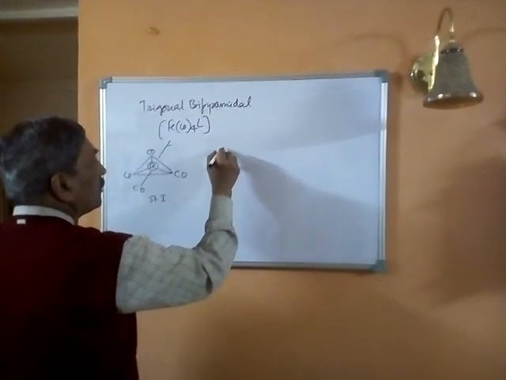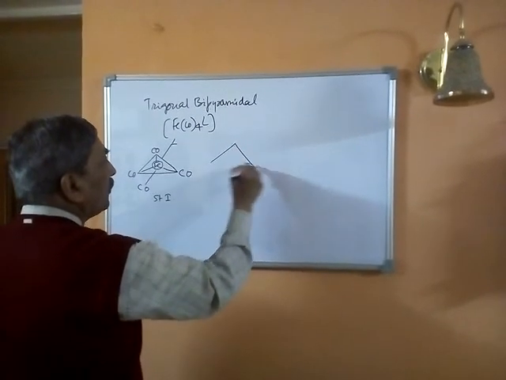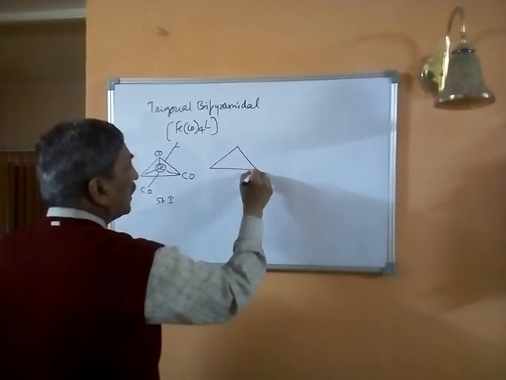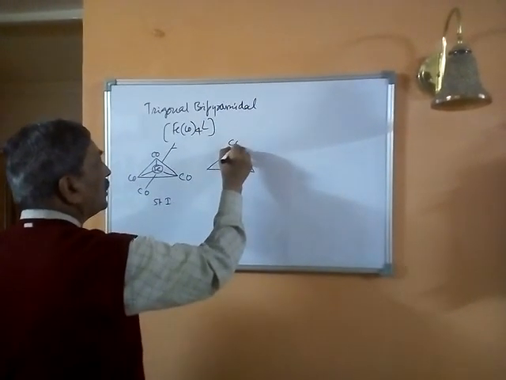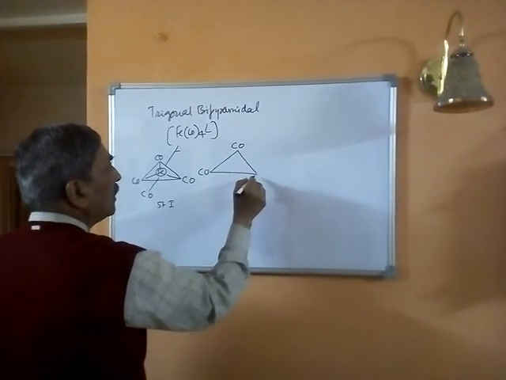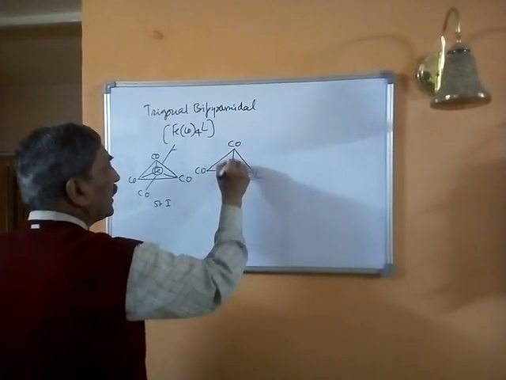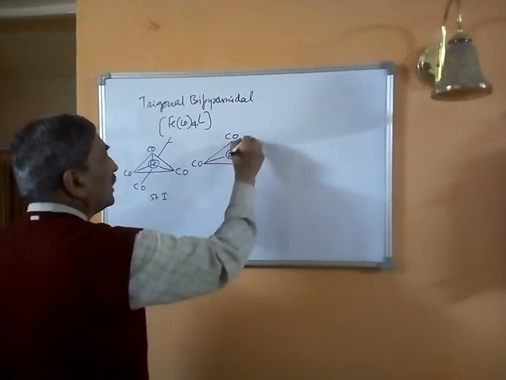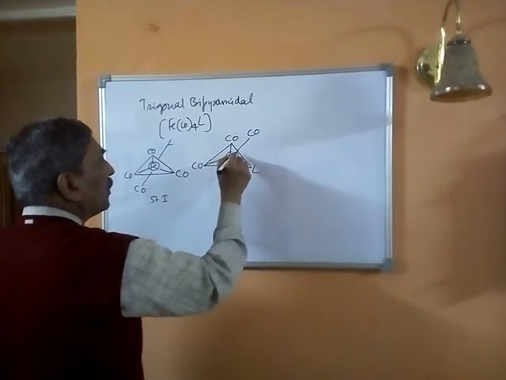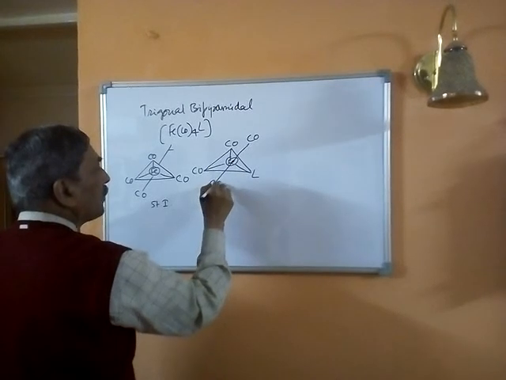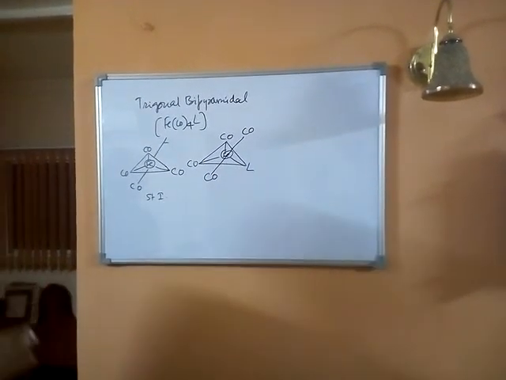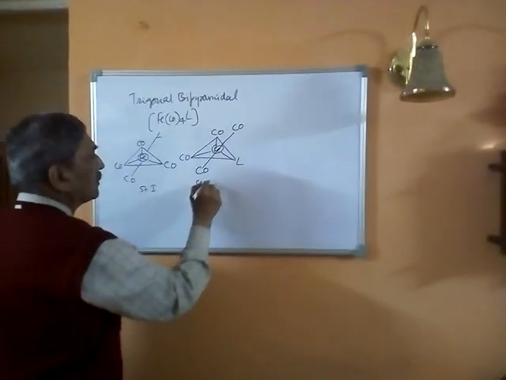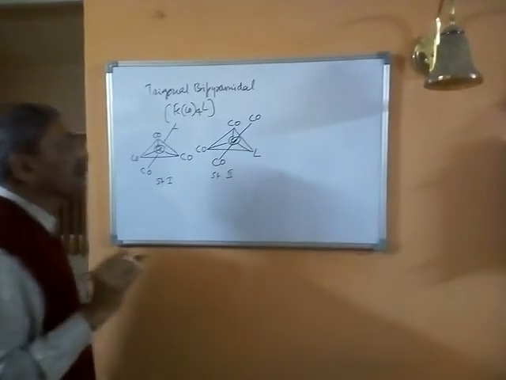While in structure 2, we will have the equatorial plane, but now the ligand L will shift to the equatorial plane, while the axial sides will be occupied by the carbonyl. So this is our structure 2.